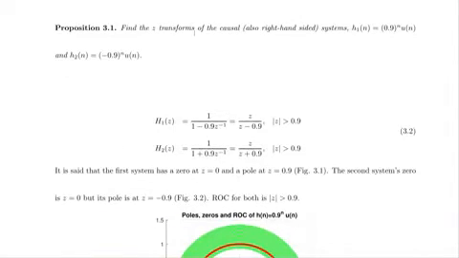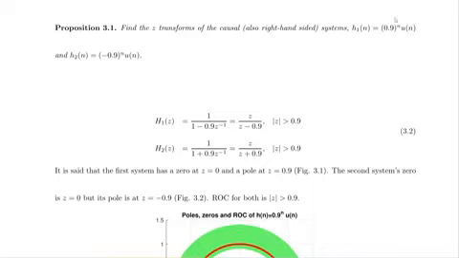Find the z transforms of the causal systems, also right-sided systems, h1 of n equal to 0.9 to the power of n times u of n, and the second one, h2 of n, equal to minus 0.9, everything to the power of n times u of n.